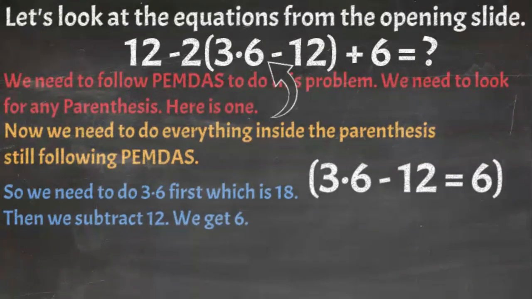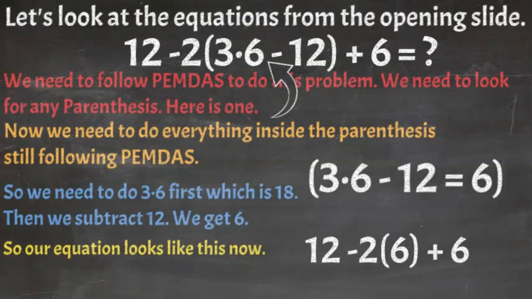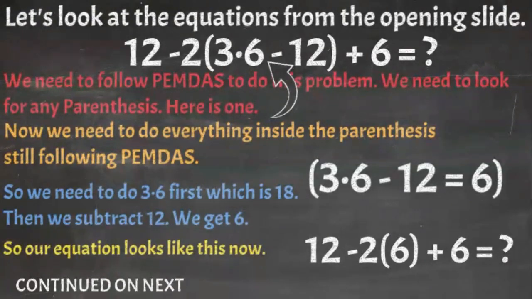And we replace that where the parenthesis was. So our equation looks like this now. 12 minus 2 times 6 plus 6. I'll continue this on the next slide.